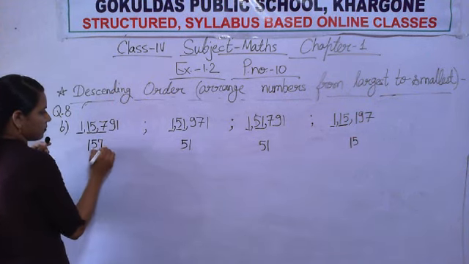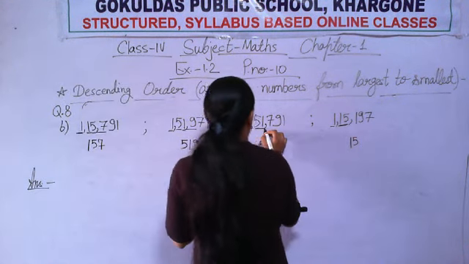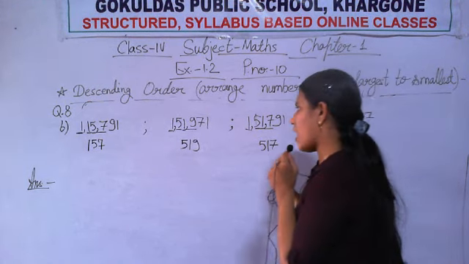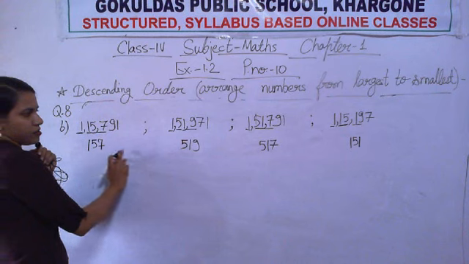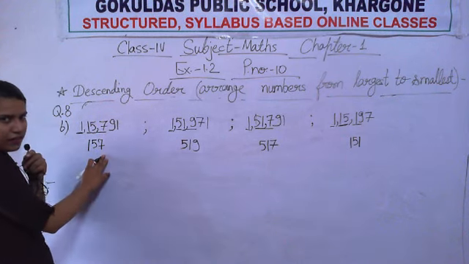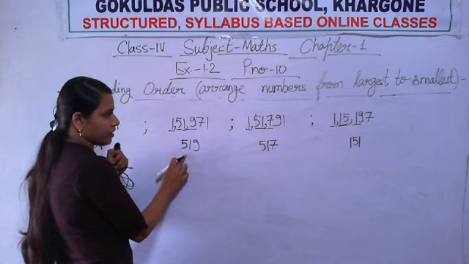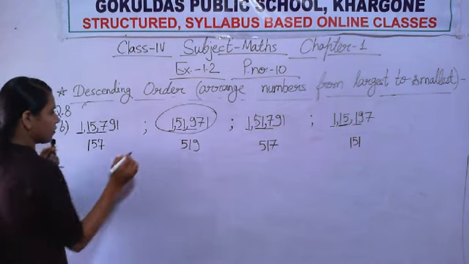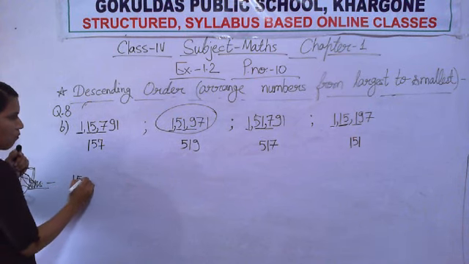Here 7, here 9, here 7 and here 1. Now can you conclude which one is the largest? 457 is the largest? No. Then this? Yes, it is 519. So this number will be the largest number and it will come at the first place.